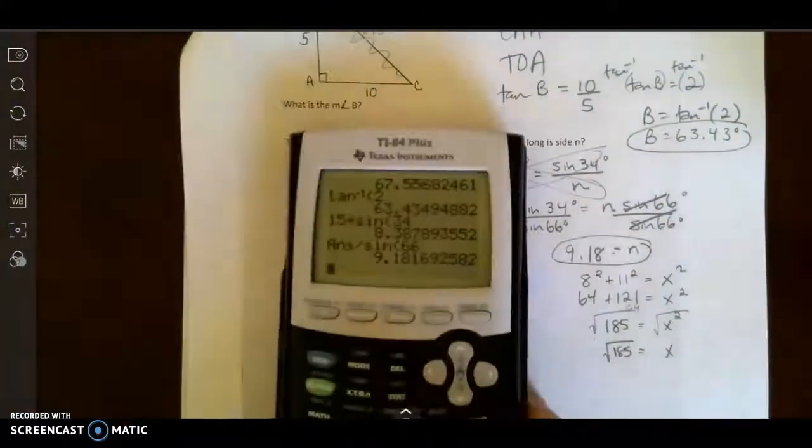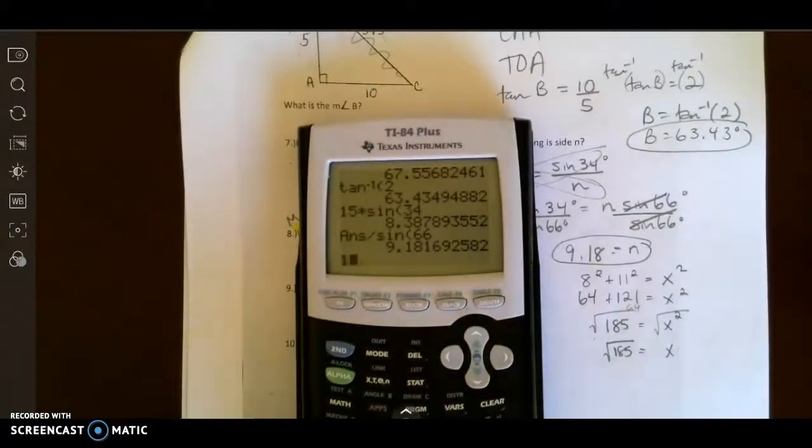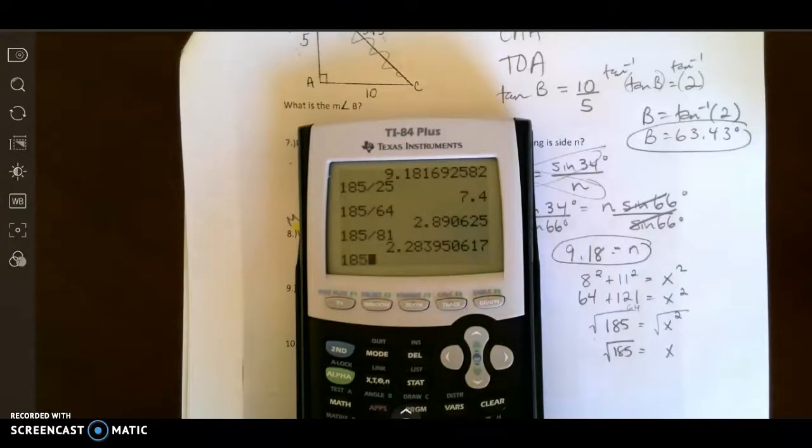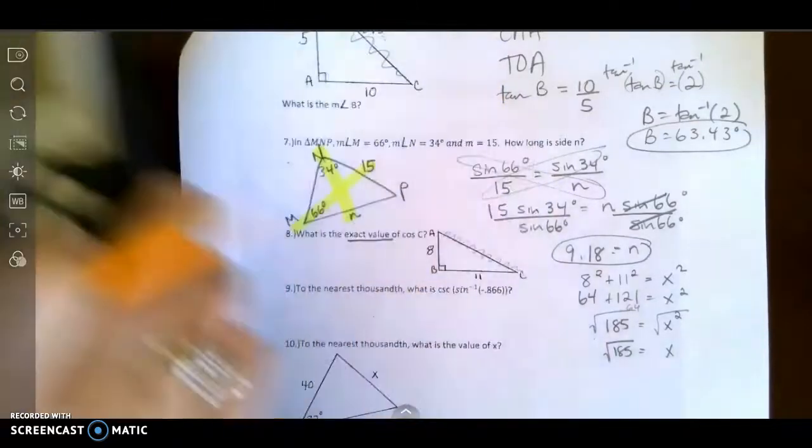Now, I don't think that can be reduced. 185 divided by 25. Now, and I can't think of any other perfect squares. 185 divided by 64. No. I can't think of any perfect squares. 185 divided by 81. 185 divided by 49. No, doesn't go in.